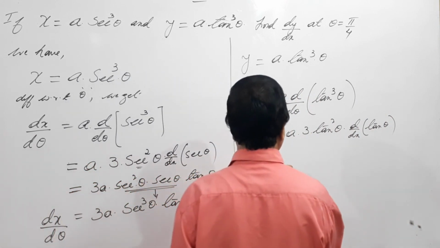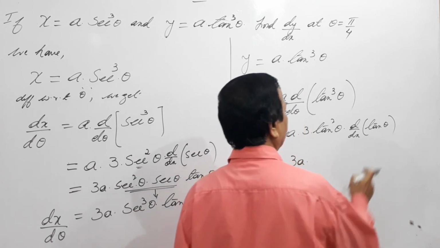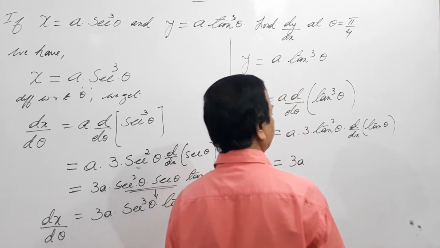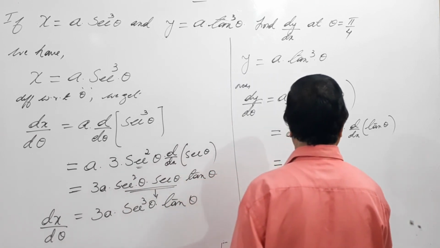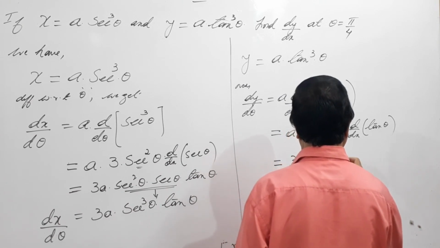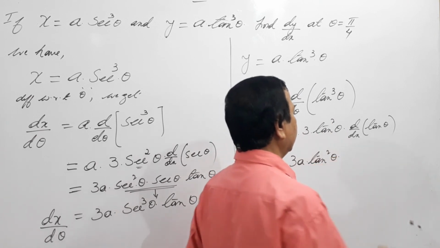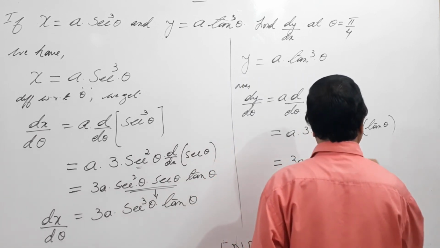So what happens to this? This becomes 3a tan square theta, and d by d theta of tan theta is secant square theta.